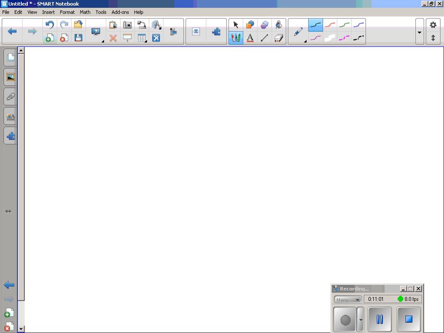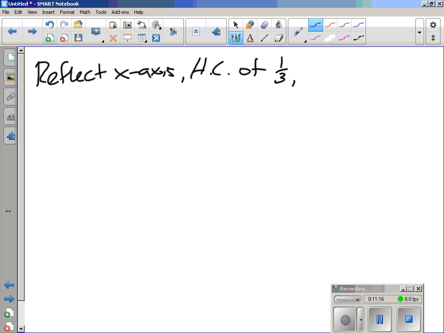Let's do some with some reflections. Let's say I reflect across the x-axis, I do a horizontal compression of 1/3 and down 5. Say those are the 3 transformations I want to do.